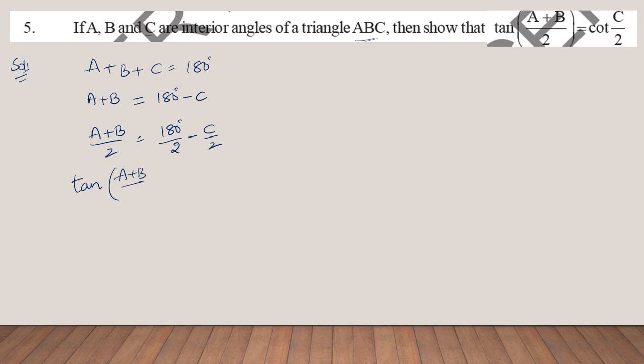So tan of A plus B by 2 is equal to tan of 180 by 2, which means 90 degrees, minus C by 2. Again tan of 90 minus theta I can write as cot C by 2. So clearly tan of A plus B by 2 is equal to cot of C by 2.